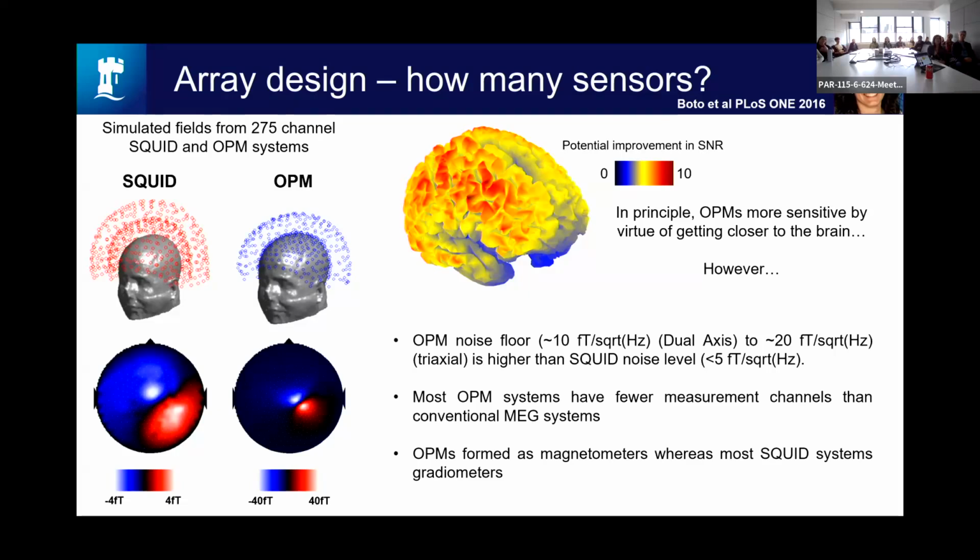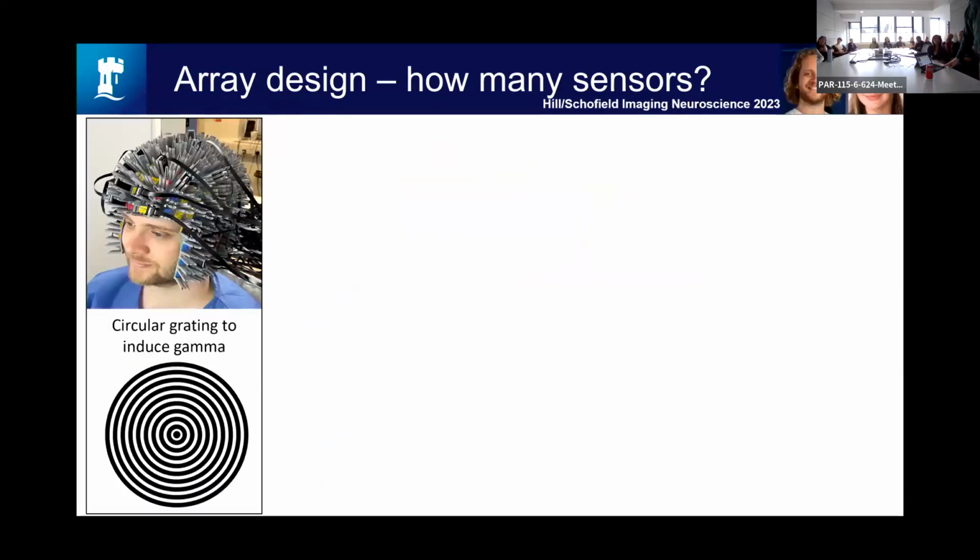Ideally, you'd like a 1,000-channel system with OPMs everywhere, because by sticking them all on one area of the head, you gain sensitivity, but you lose whole head coverage. So ideally you want 1,000 sensors, but you can't do that. So we're going to take all of our OPMs and stick them in one place.